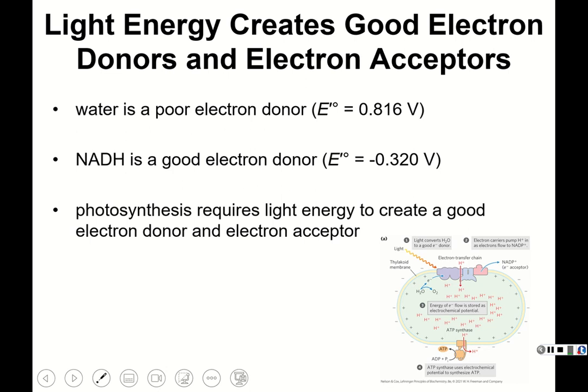NADH is a good donor because it has a very low reduction potential. But in this process, we're doing that in reverse, right? We're using water as the donor and NADP+ as the acceptor. So we're kind of doing this backwards in a way of what it really should be doing.